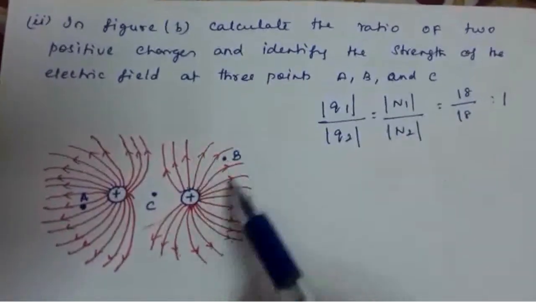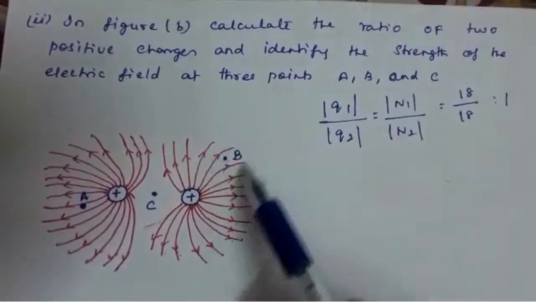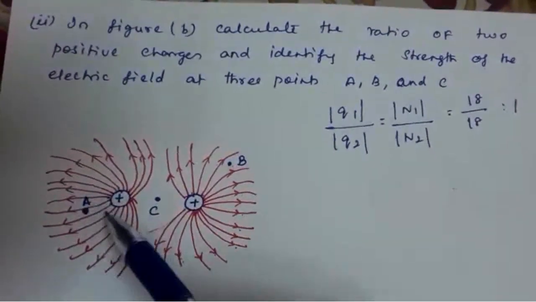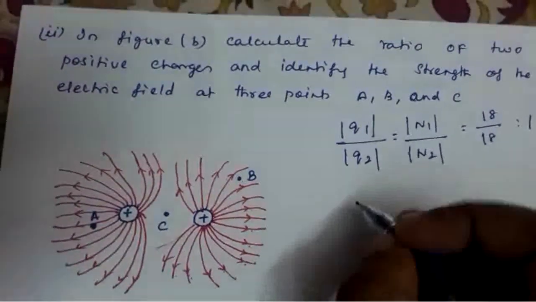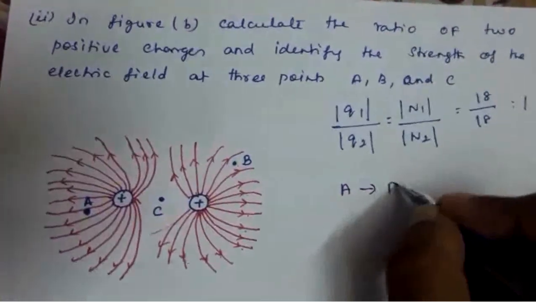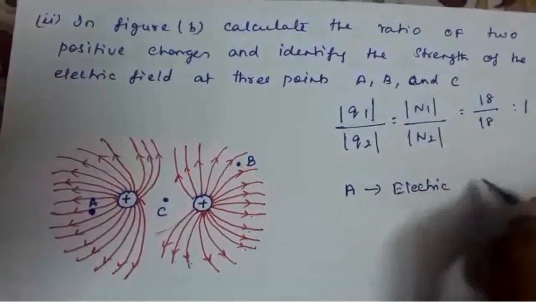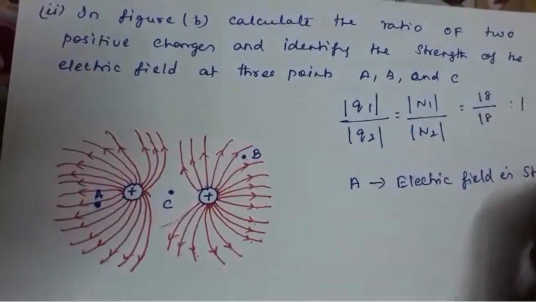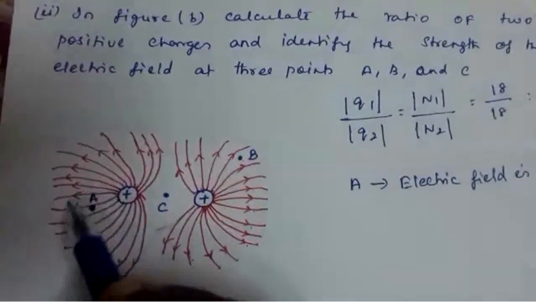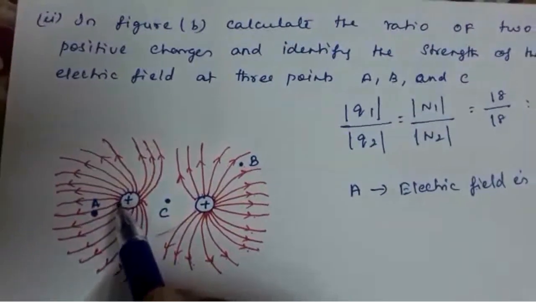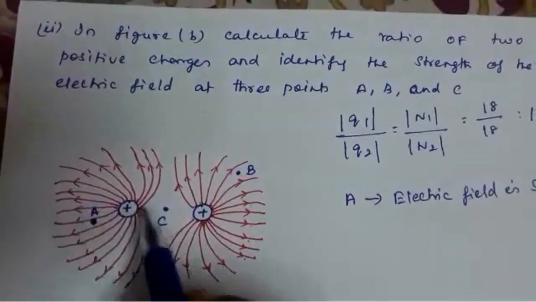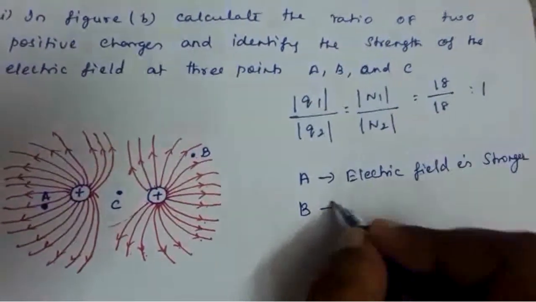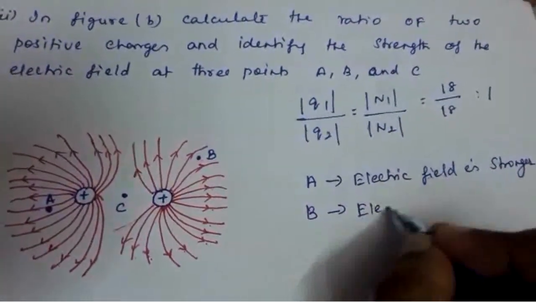At B, the electric field lines are not denser compared to that of A. So at A, the electric field is stronger. Where there is more number of electric lines of force, the field is stronger. Where there is less number of electric lines of force, the field is not stronger.